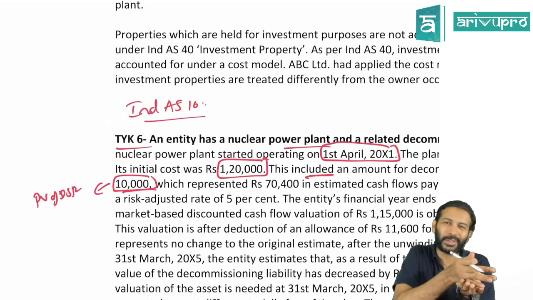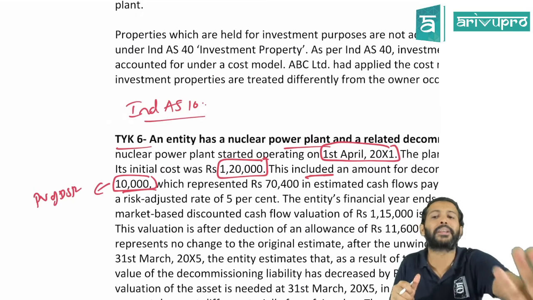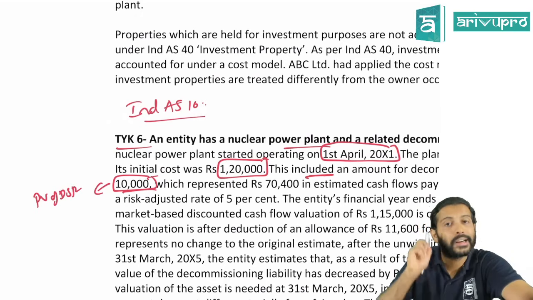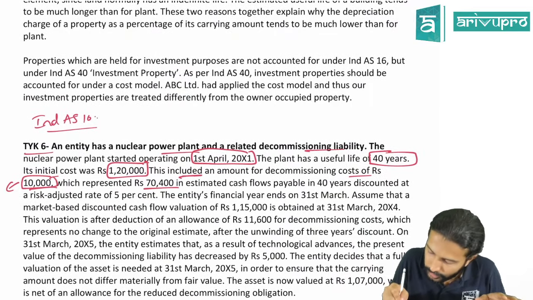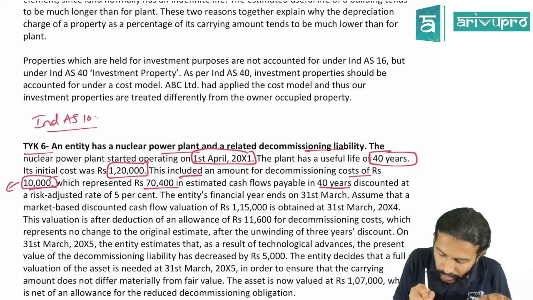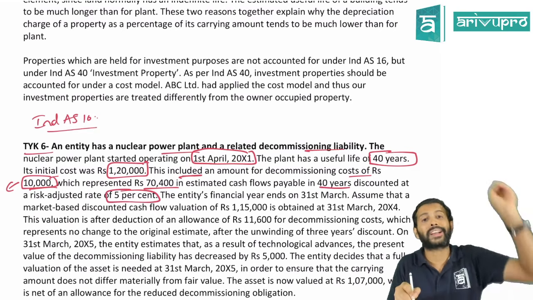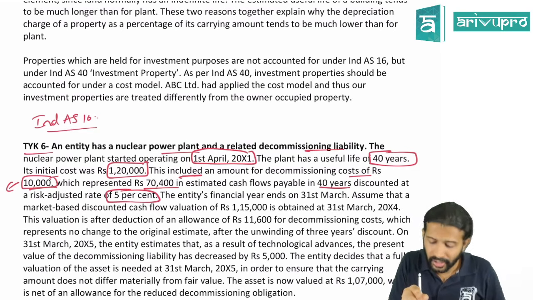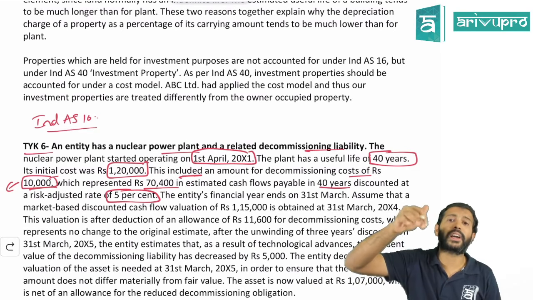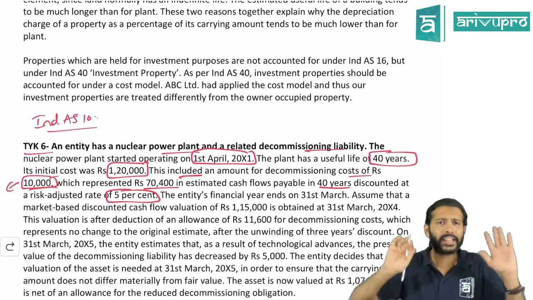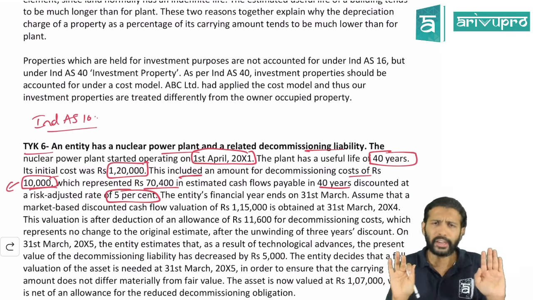In the last problem, we found out the present value. Here, they have only given the present value of the DSR cost, which is 10,000, which represented 7,400 estimated cash flows payable in 40 years, discounted at a rate of 5%. So the actual estimated DSR cost is 70,400 rupees. But when will you incur 70,400? When the plant has been fully used and scrapped off.